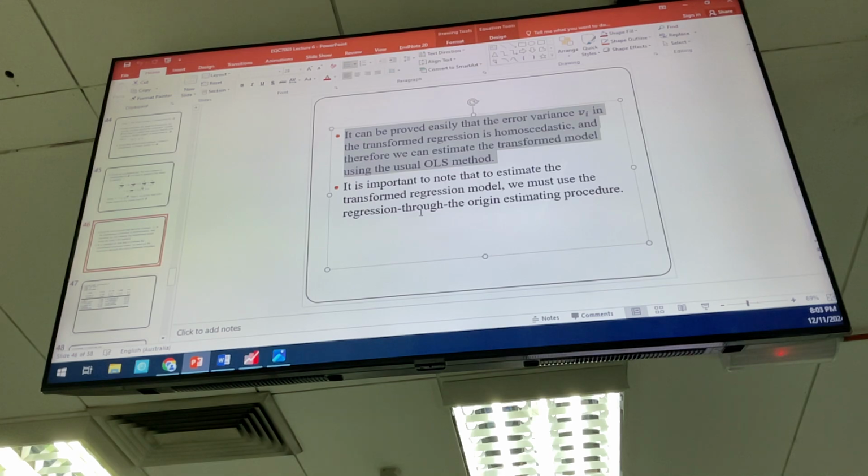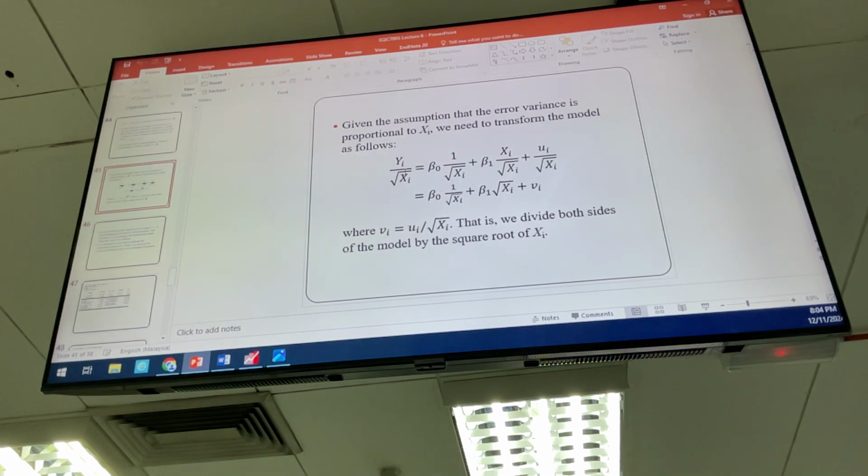It is important to note that to estimate the transformed regression model, we must use the regression through the origin estimating procedure. After we divide, it's just like we have two regressors: this is our first regressor, and this is our second regressor.